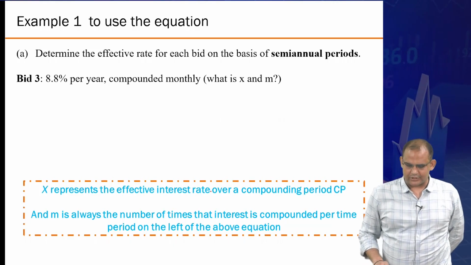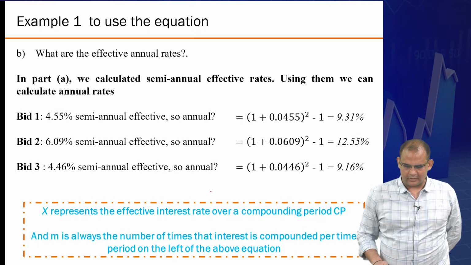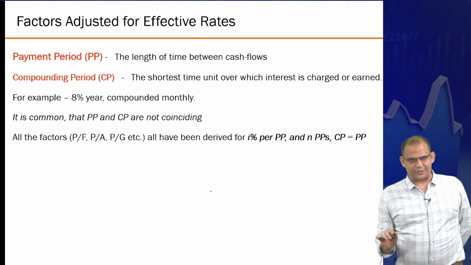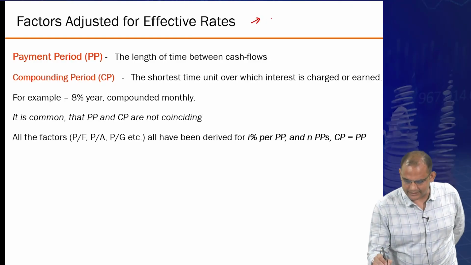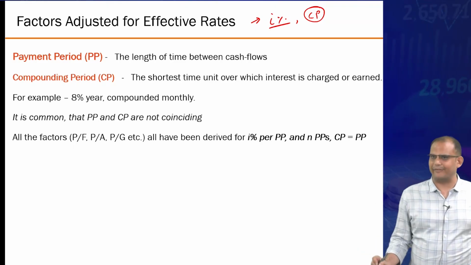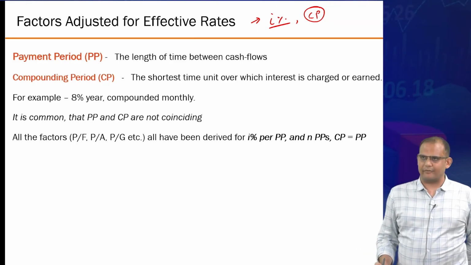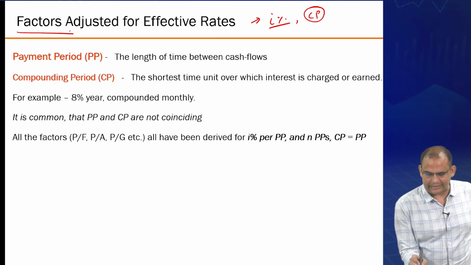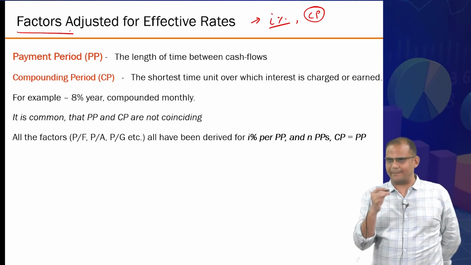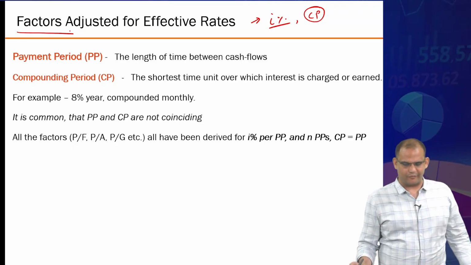All right. So let's move to more complicated stuff. So far I have just shown you how to adjust the interest rate according to whatever compounding period has been given to you, right? But we have also derived all these factors of standard calculations, A by P, P by A, F by P, whatever we have been deriving so far.